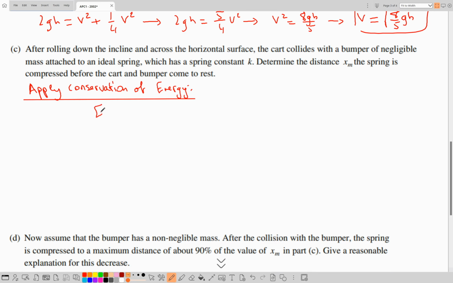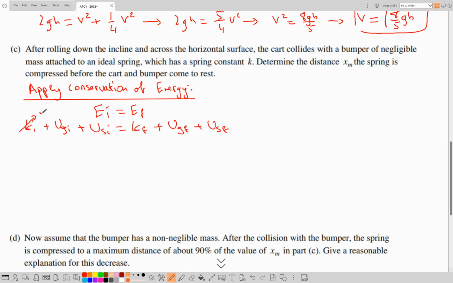So energy initial is equal to energy final. Now we need to add the kinetic energy initial, plus the gravitational potential energy initial plus the elastic potential energy initial would be equal to the final kinetic energy plus the gravitational potential energy plus the elastic potential energy. Now finally, first of all, we can eliminate this.